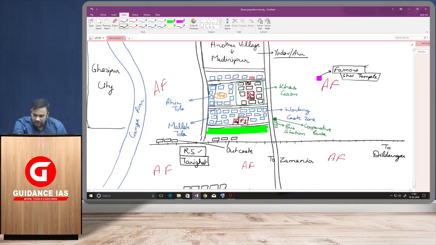There is a well, and even if you go during the daytime, you will not feel very hot. It is such a cool place because it is totally surrounded by trees. So this is the case of this Tarighat village, and it can be used as a case study.